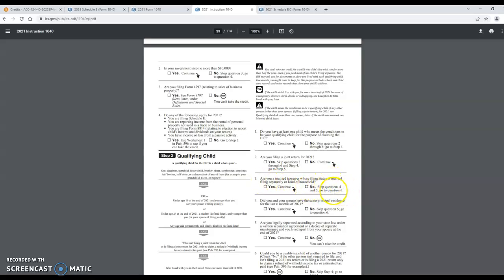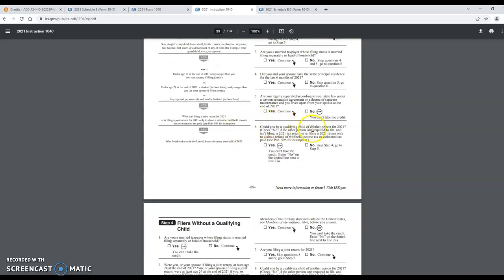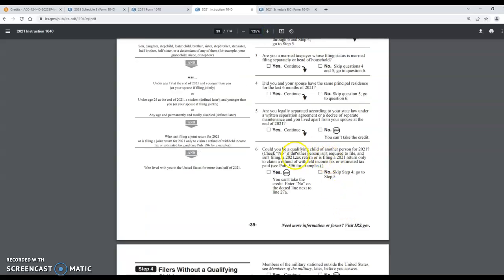No. It says skip questions 4 and 5, go to question 6. Could you be a qualifying child of another person? In other words, could John the father be claimed by someone else? No. Skip step 4, go to step 5.